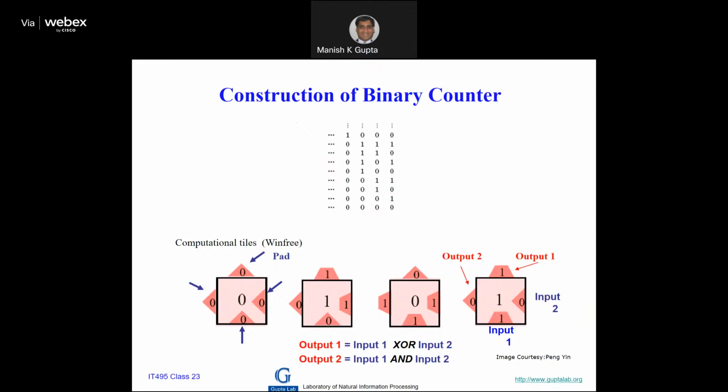Try to find the information flow and see if you can find a basic tile which gives you that information flow. That's how you separate out the different computational tiles from the array. Obviously, one of these tiles is this.